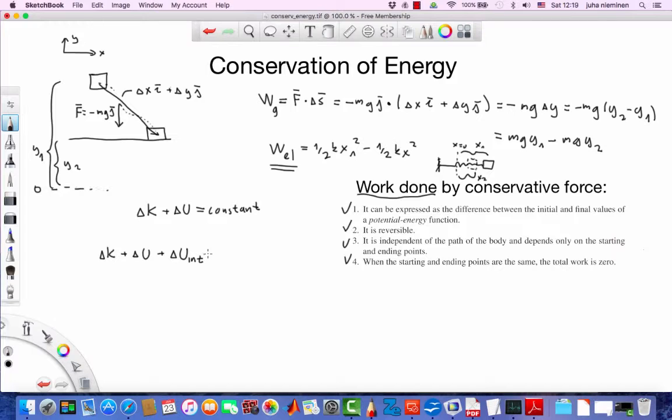So, okay, let's fix this. The sum of the changes is not only constant, it's of course zero. This is the law of conservation of energy in the universe as we know it.